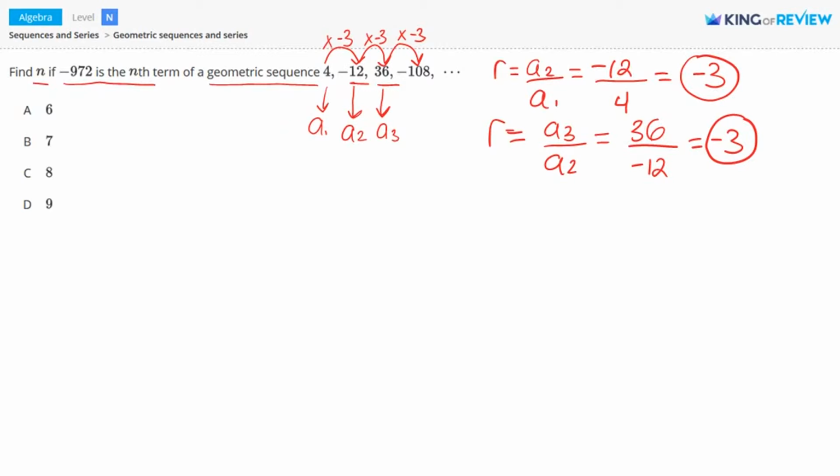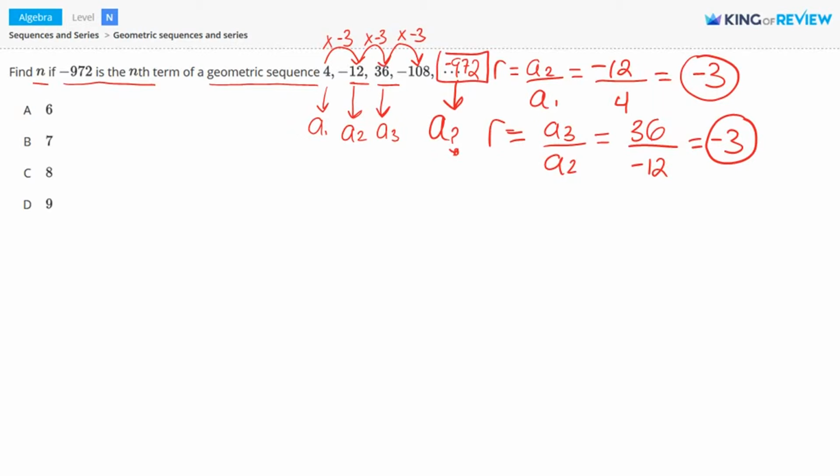So at some point down the line in this sequence, we're going to get to negative 972, and we want to know what term this is. So A sub question mark, or A sub n. I want to know which term has the number negative 972.